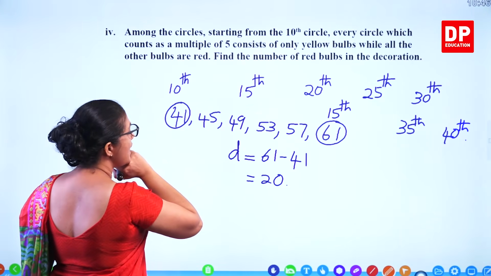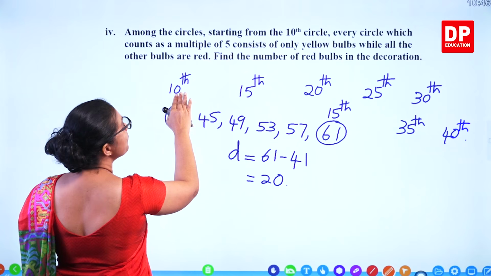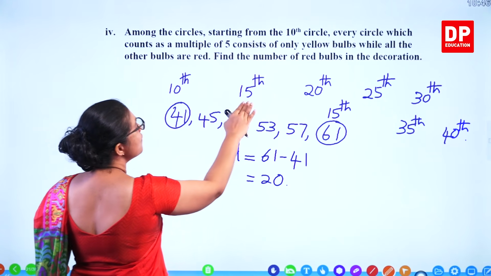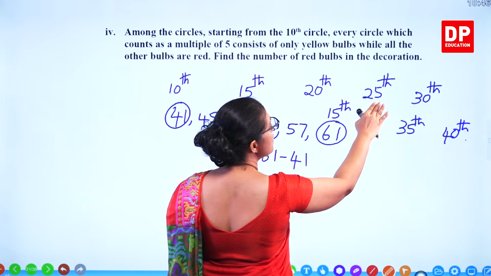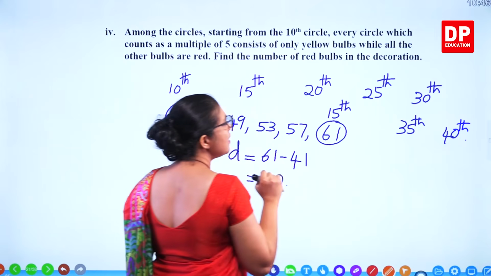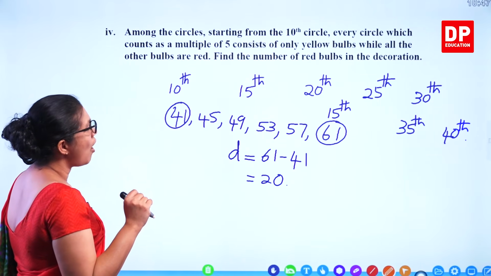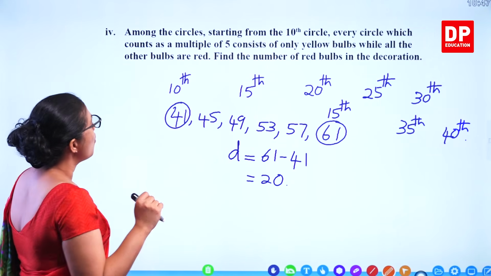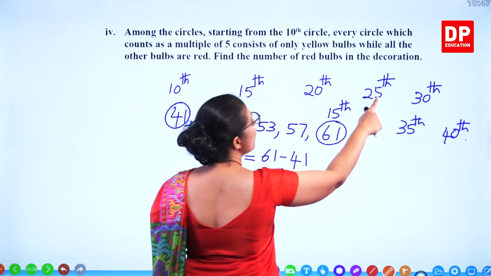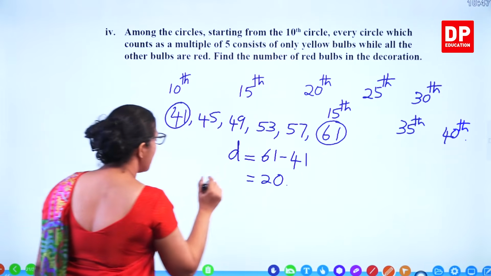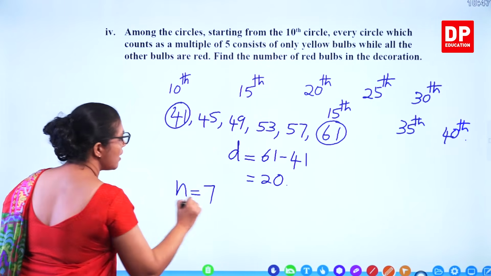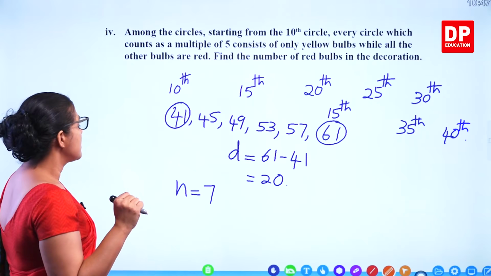How many are there? So this is the 10th circle, 15th, 20th, 25th, 30th, 35th and 40th circle. So how many circles now? 1, 2, 3, 4, 5, 6, 7. Now for the new progression, you get 7 circles.